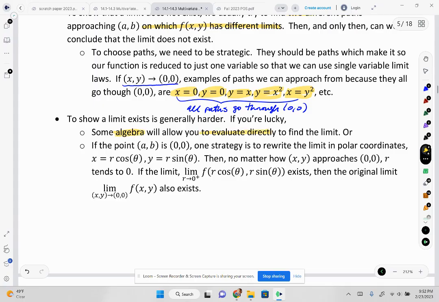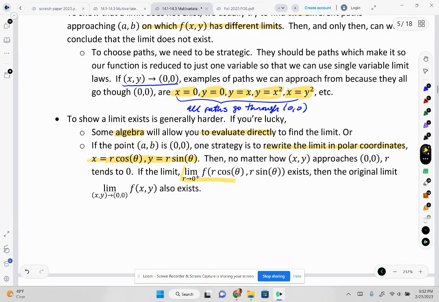In this next one, another strategy is to rewrite the limit in polar coordinates, where x is r cosine theta and y is r sine theta. The reason why this works is that no matter how (x, y) is approaching (0, 0), r, the radius, goes to 0.